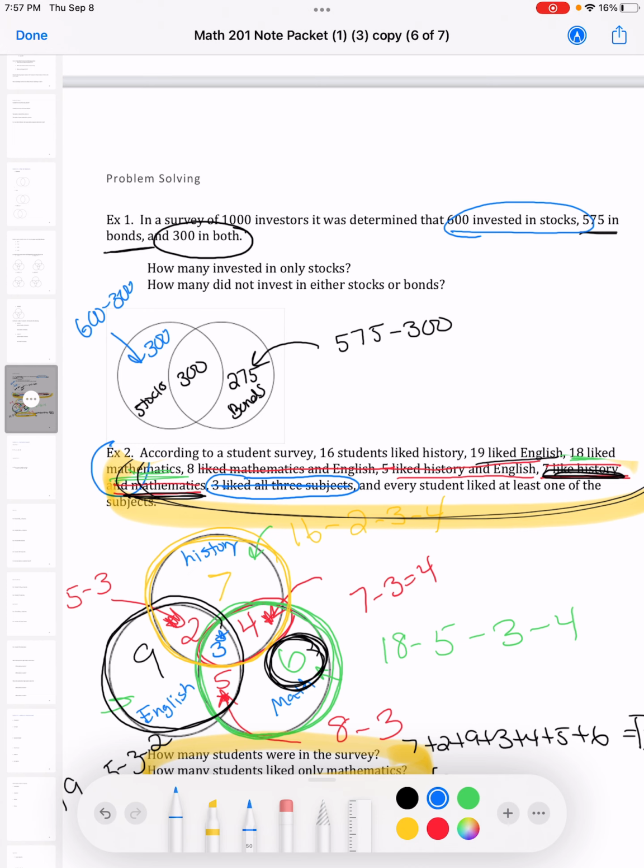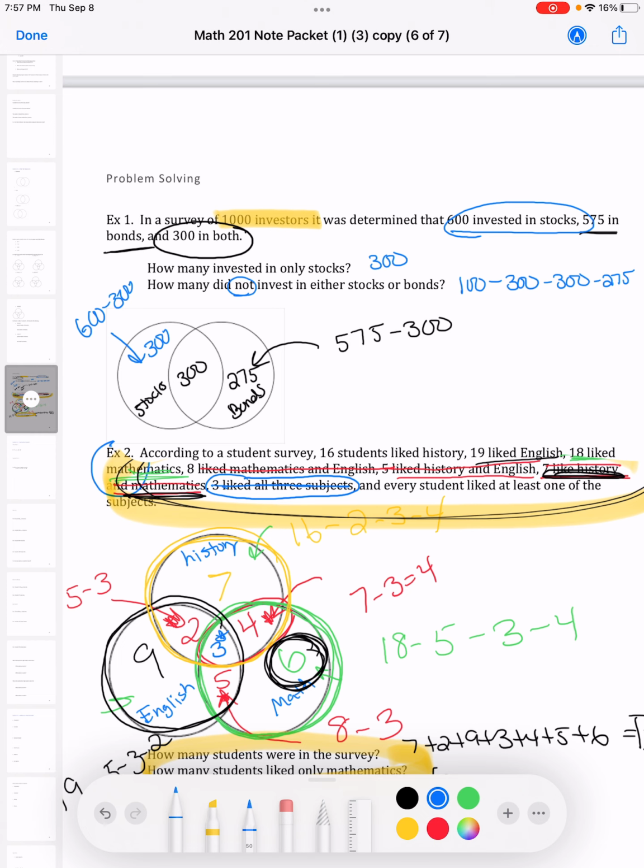We want to know how many invested in only stocks. That's the 300. And then we want to know how many did not invest in either stocks or bonds. We didn't see that one before. There were 1,000 investors total. I know 300 were in stocks, 300 were in both, and 275 were in bonds.